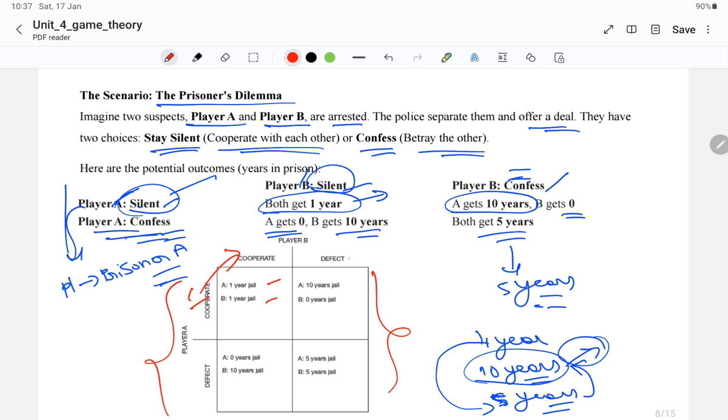If one cooperates and one defects, one gets 10 years and the other gets 0. If player A defects whereas player B cooperates, A gets 0 years and B gets 10 years. If both defect, both get 5 years. The same thing discussed here has been put in the matrix form.